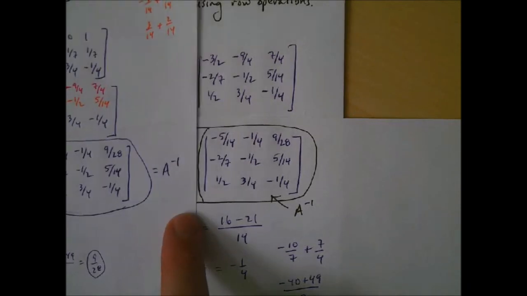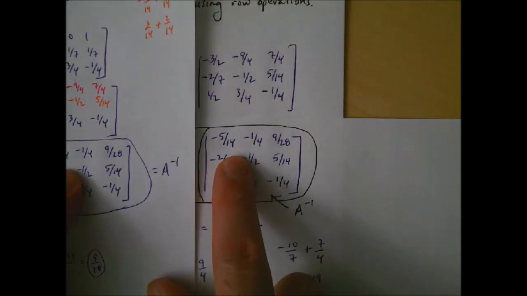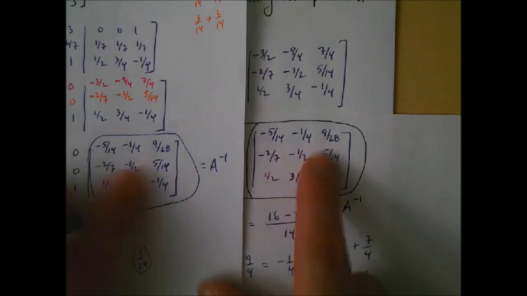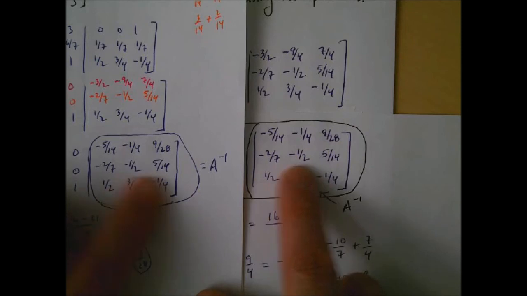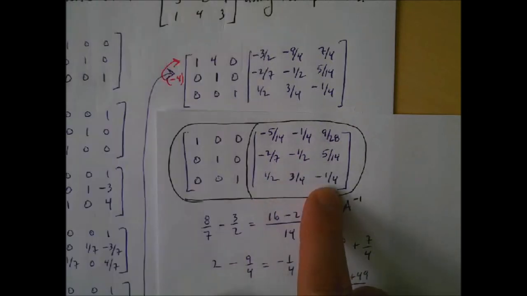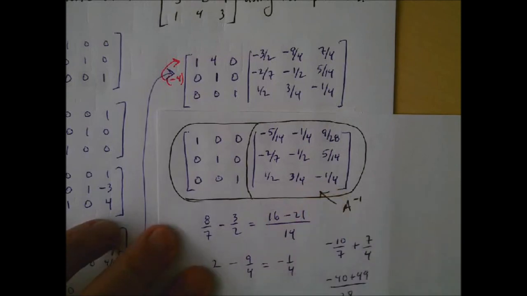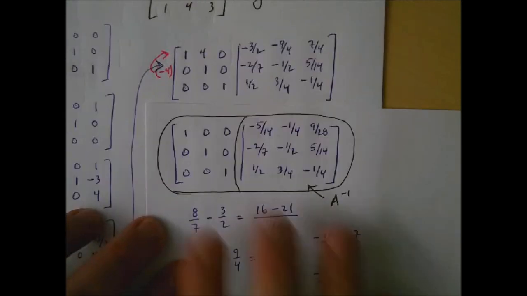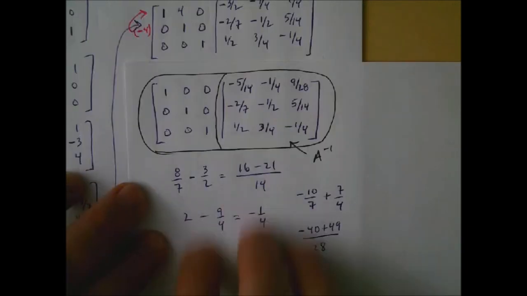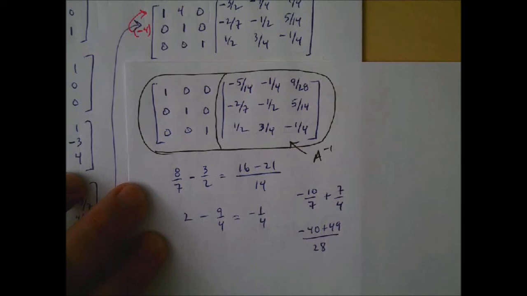And so if we look, -5/14, -1/4, 9/28, -2/7, -1/2, 5/14, 1/2, 3/4, -1/4. So yes, yay. Don't be in a huge hurry as you are working on these 3x3s particularly. Use some scratch paper as needed. Go forth and conquer.